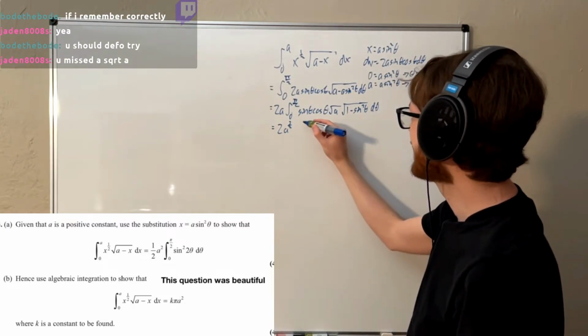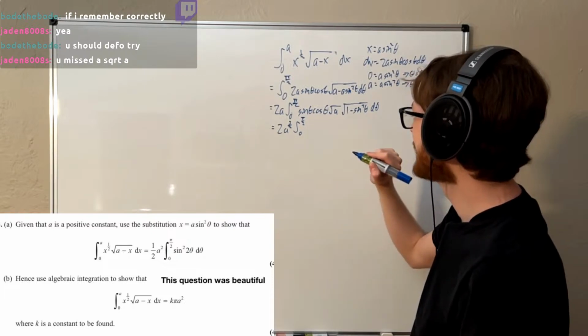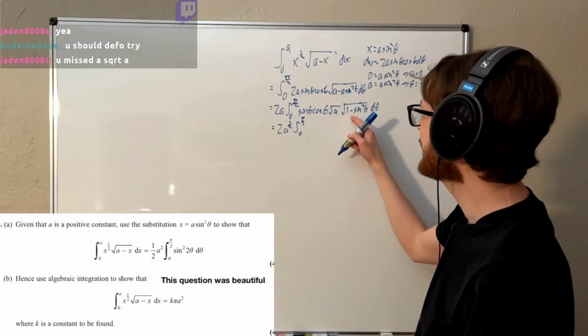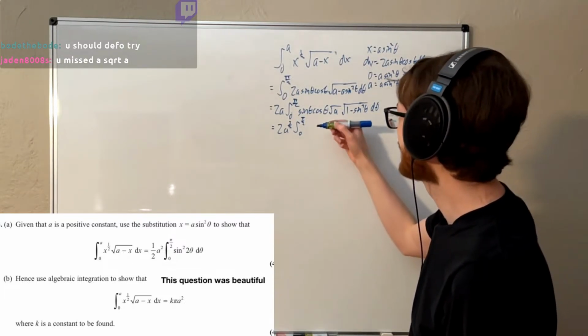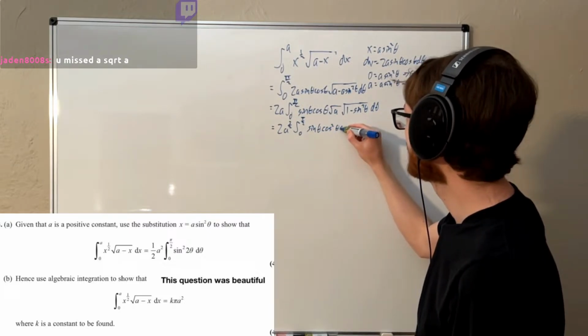So I don't know what to think about that. But maybe let's just keep it going. 1 minus sine squared theta is cosine squared theta. The square root of cosine squared is just cosine. So you get sine theta cosine squared theta d theta.